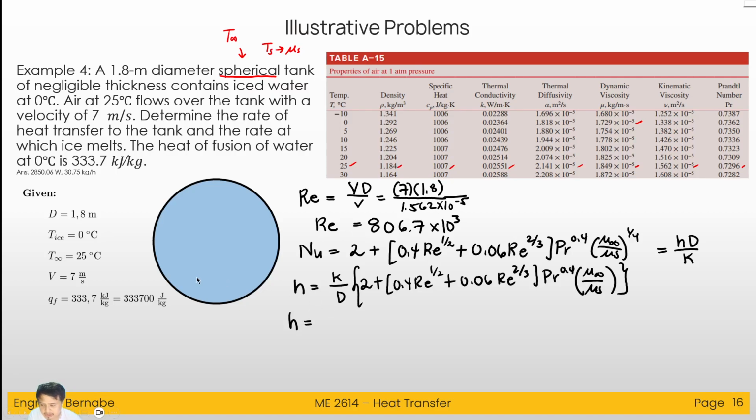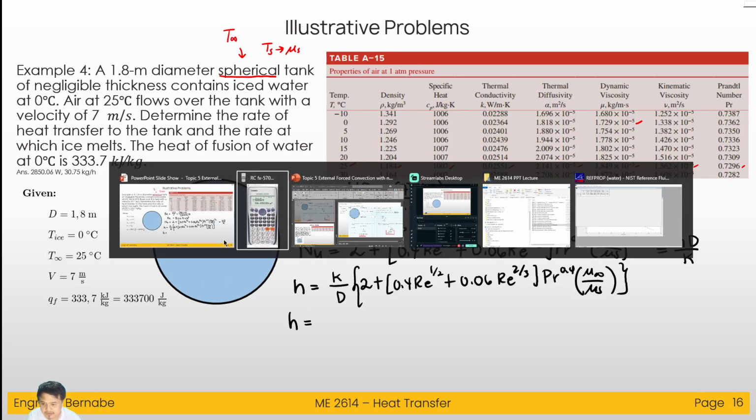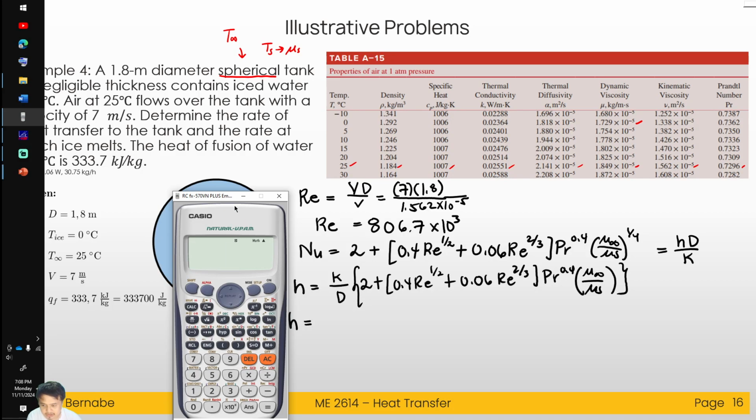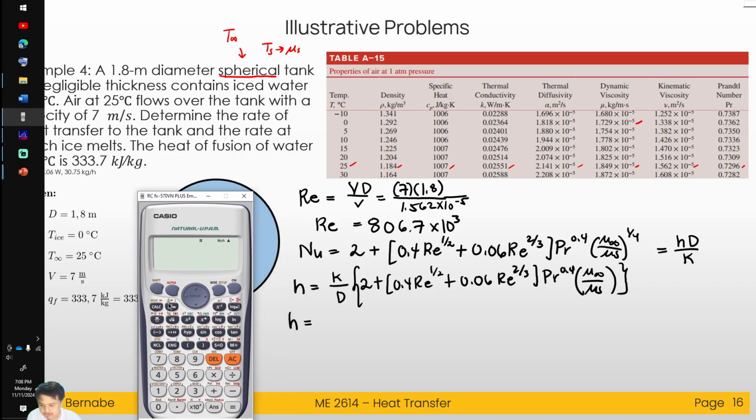I'll just use my calculator directly to input the values so that we can save a little bit of time. So you have k here. k here is at T infinity, no? So we have 0.02551 divided by the diameter, which is 1.8.